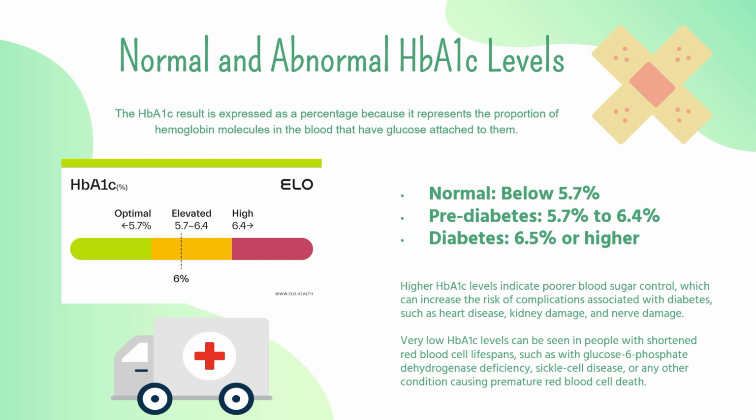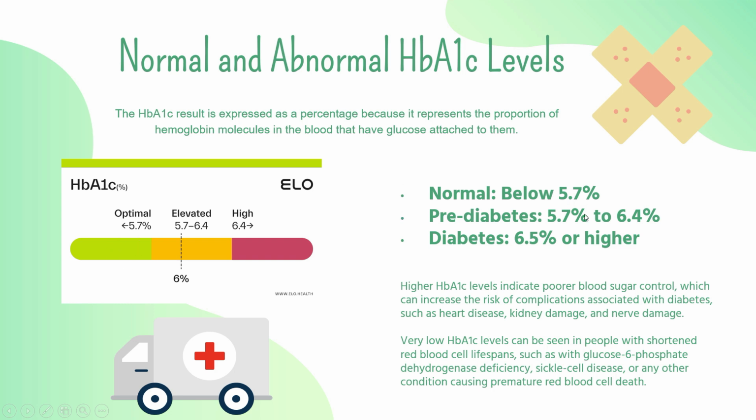Moving along, let's talk a little bit about the normal and abnormal HbA1c levels. The HbA1c result is expressed as a percentage because it represents the proportion of hemoglobin molecules in the blood that have glucose attached to them. Normal or optimal levels will be anything below 5.7%, which is in this green zone here.